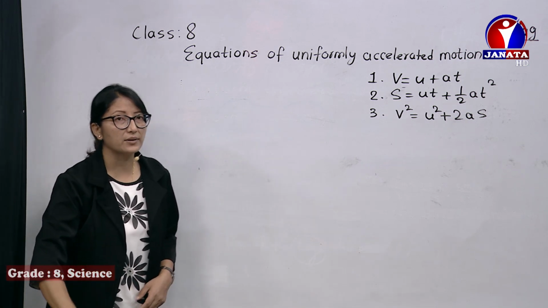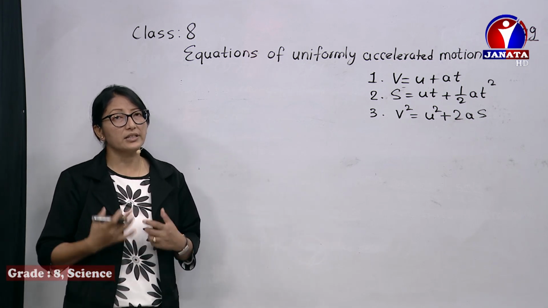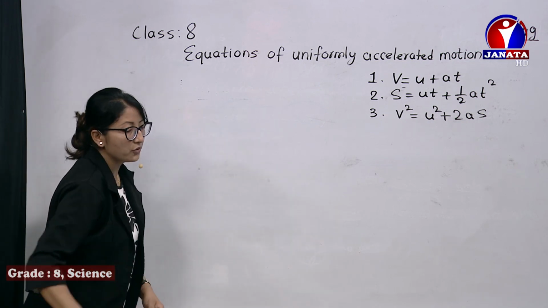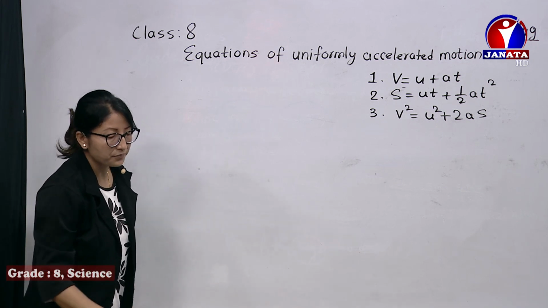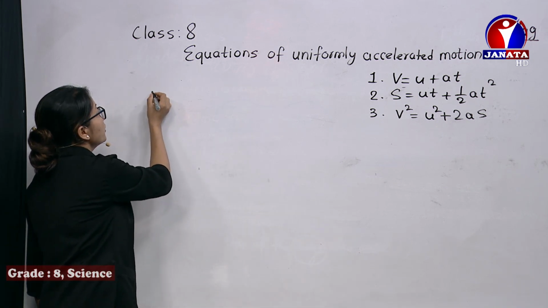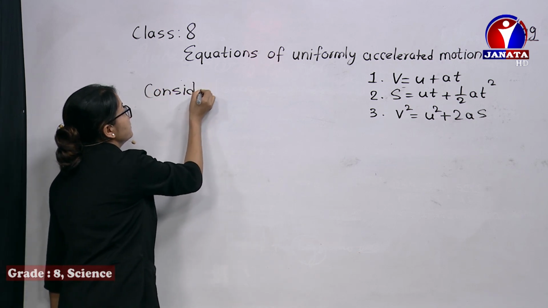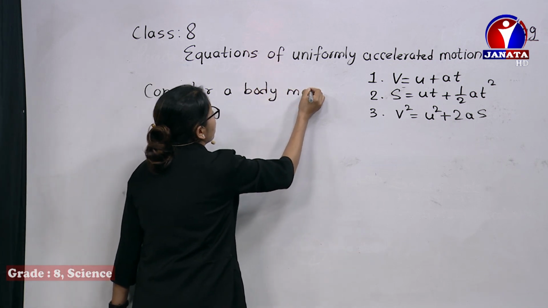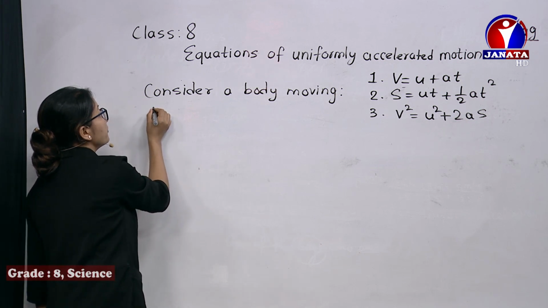So for that, now let's consider our body. A body, a vehicle, anything is moving with the initial velocity. We all know that we denote initial velocity by letter U. So let's consider a body moving with initial velocity.